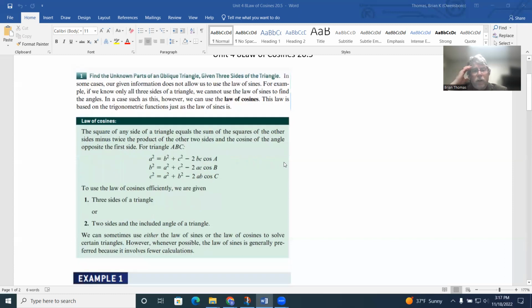So the law of cosines kind of works like this.